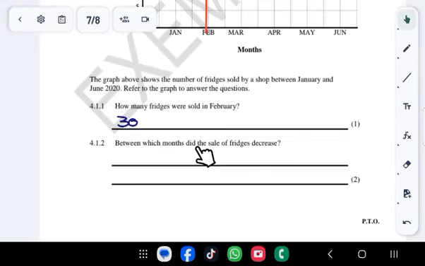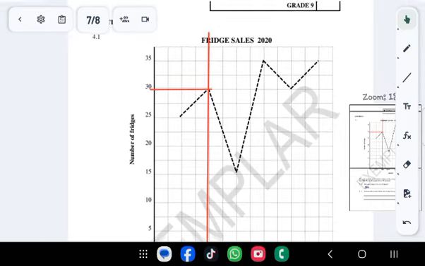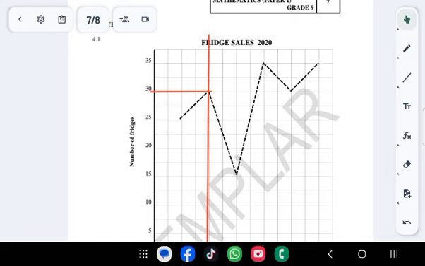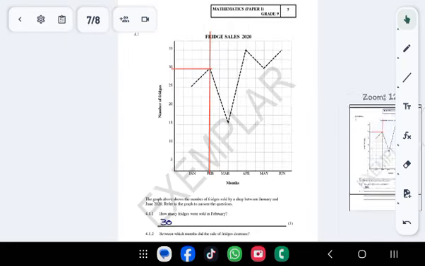Now, between which months did the sale of fridges decrease? This is where we have a line going down. We've got 2 spots. Here is the first one, and the other one is over there.